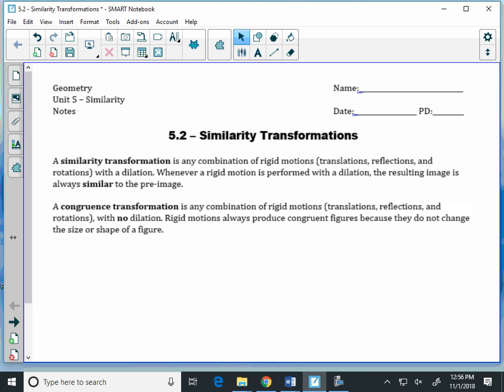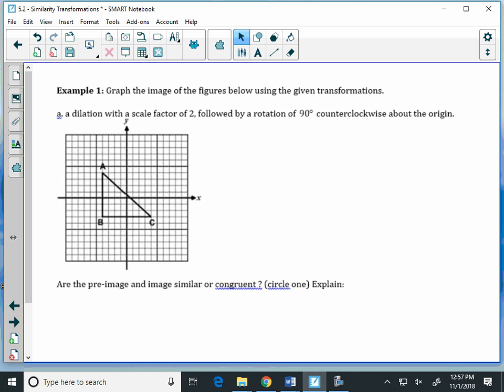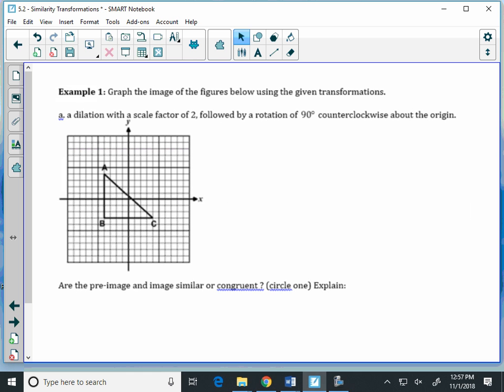So whenever you do a combination of transformations and you do a dilation, the pre-image and image are always similar to each other. Whenever there's no dilation, the pre-image and image are always congruent to each other because you're not changing the size. Everything's staying the same.